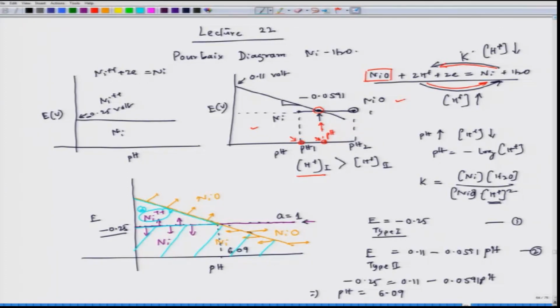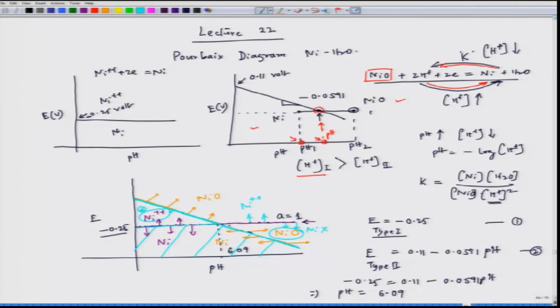Similarly, if we see this part, right top of it, it should be NiO, Ni plus plus, and on the bottom side it should be nickel. But already we know that on the right side of this line it should be NiO. So nickel should not be present on top of this line.